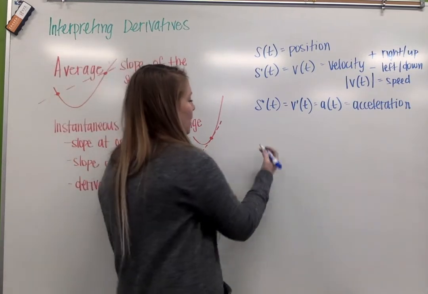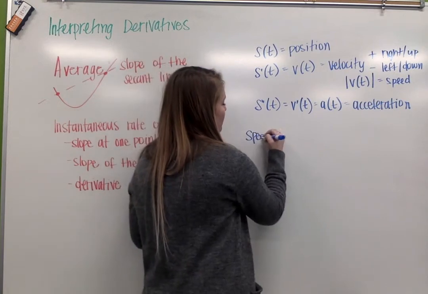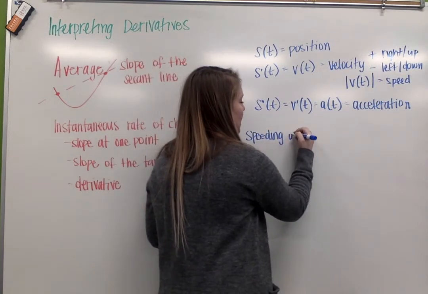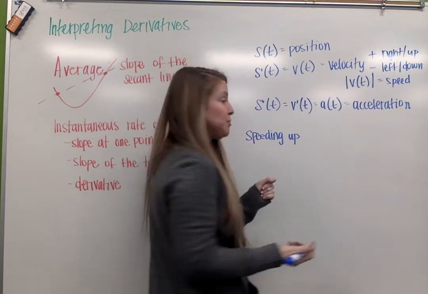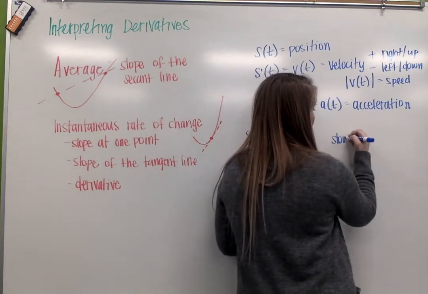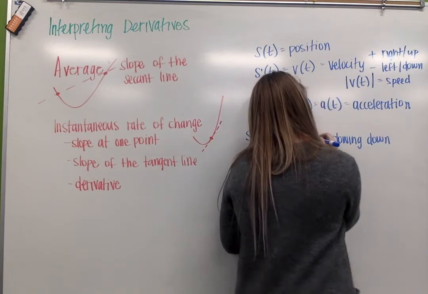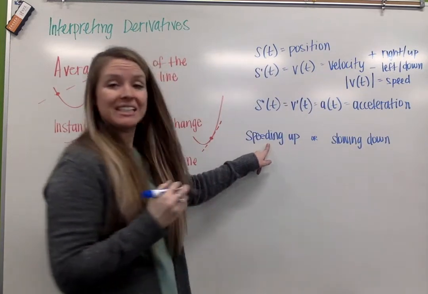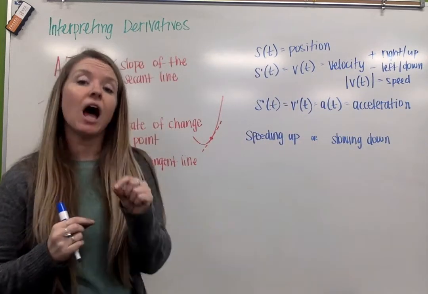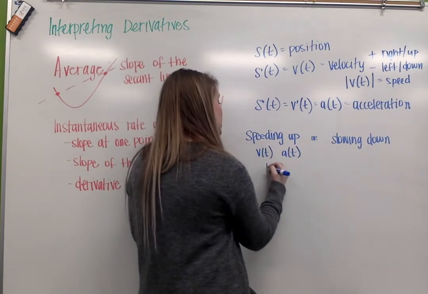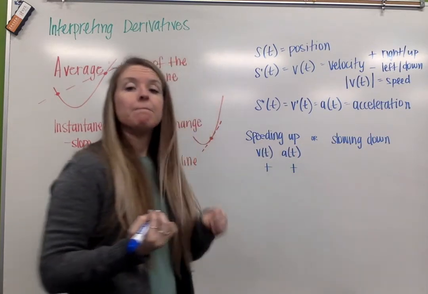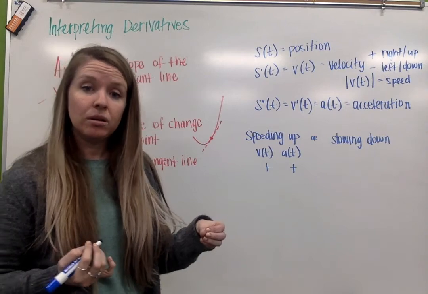Last thing I want to talk about is how do we know if our particle is speeding up or increasing in speed, or if it is slowing down? We know our particle is speeding up when velocity and acceleration work together. So if my velocity and my acceleration are both positive, my particle is speeding up.